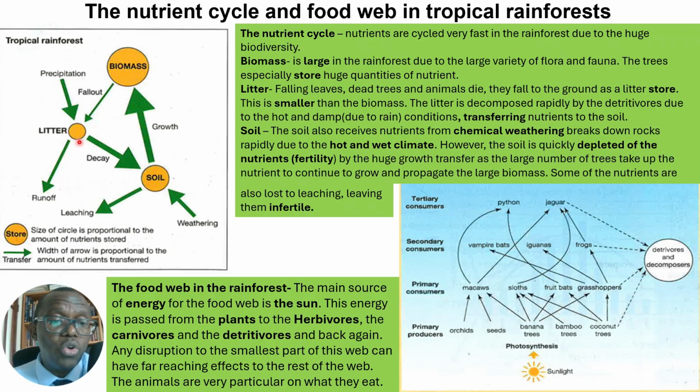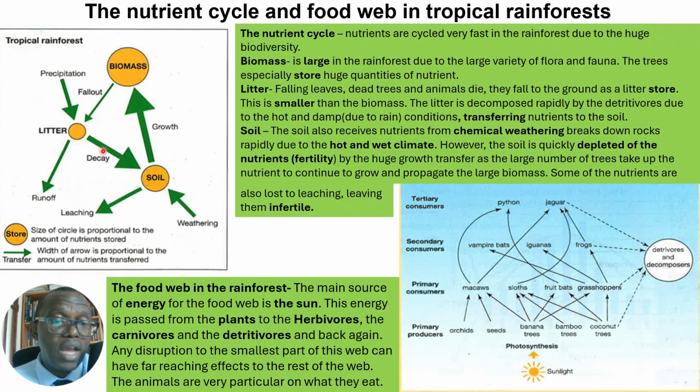And that's because the litter is decomposed very rapidly by the detritivores due to the hot and damp conditions that we talked about earlier on. And when they are broken down, those nutrients are then transferred into the soil.